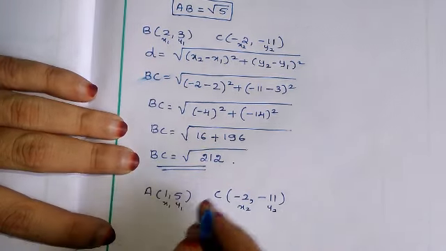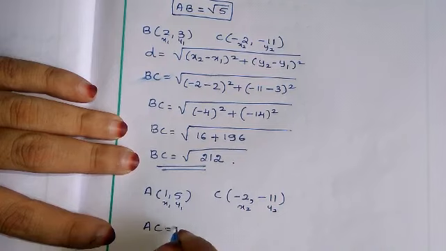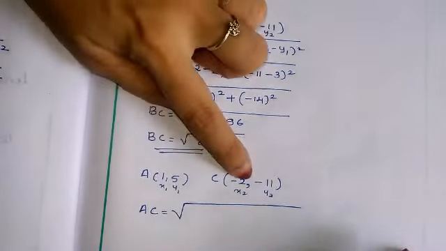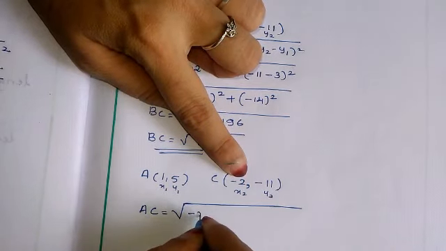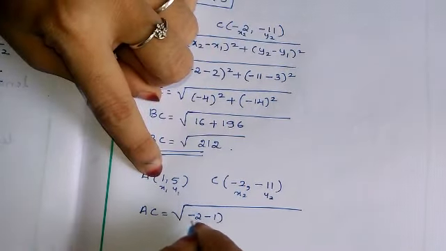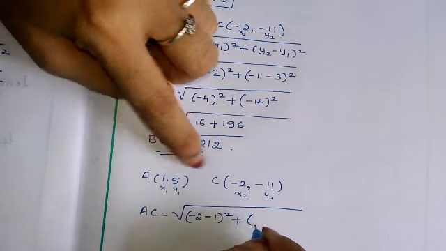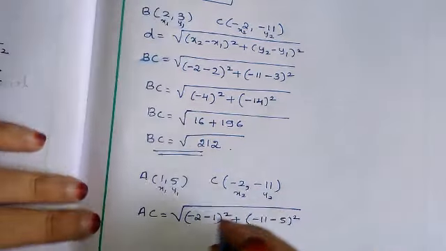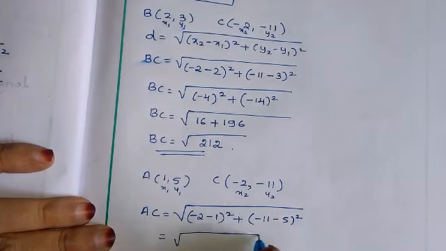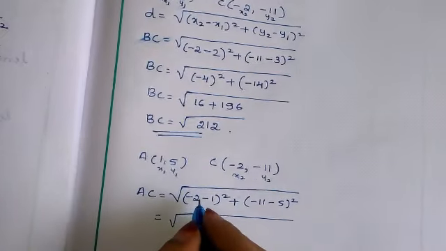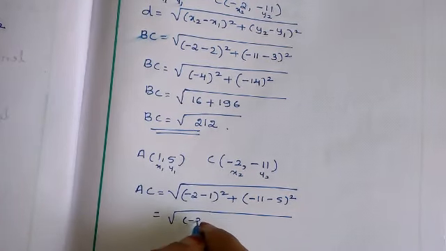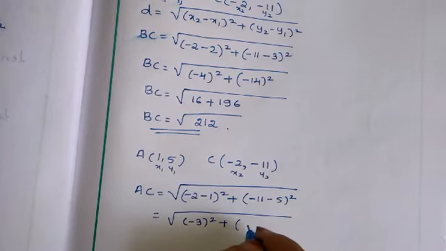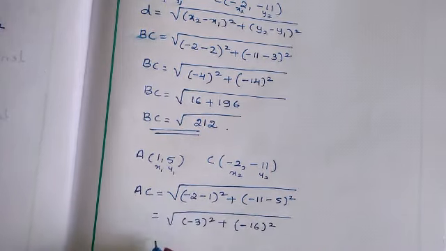So the distance formula between AC, directly I'll write, we know the formula, I have repeatedly written: root of (x2 minus x1) whole square plus (y2 minus y1) whole square, which is equal to root of, minus minus is plus, so 2 plus 1 is 3, and minus minus is again plus, 11 plus 5 is 16 square.